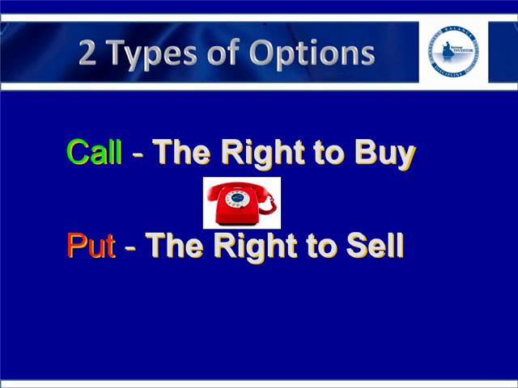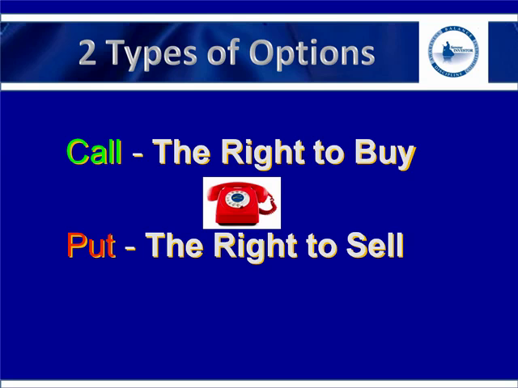So if you have a $100 stock and you buy a $100 put, you're going to pay a little premium, like an insurance premium, and you've just bought insurance on that stock. If the stock goes down from 100 to 50, you have the right to sell it at 100. So the put will go up in value as the stock goes down to offset the loss of your stock. So it is insurance.